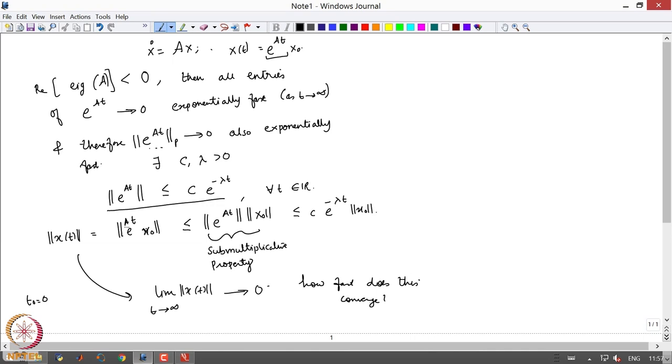So this already tells me that the system is asymptotically stable. Now, how fast does this converge?